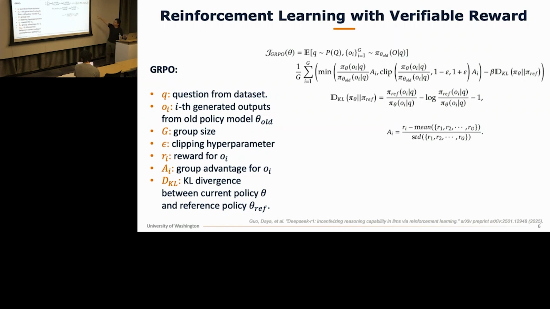So it outputs in total G different outputs, which can be different for a single math question. It may output different answers, which we denote as o_1 to o_G. Then for each answer, of course, you get the reward based on the answer using this verifiable reward. Basically, if the answer is correct, you get reward 1, otherwise it's 0.